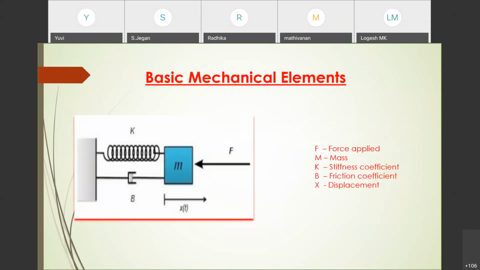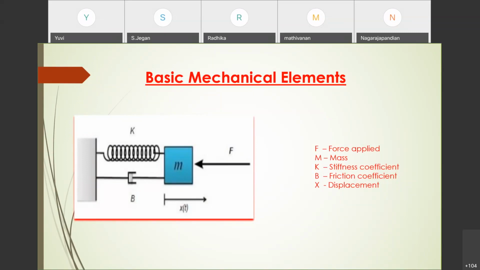So when we talk about NVH, it's very important to understand the basic mechanical elements. What are the basic mechanical elements here? We have mass, spring, and damper. First, let's talk about the spring. In real life, springs are not linear.